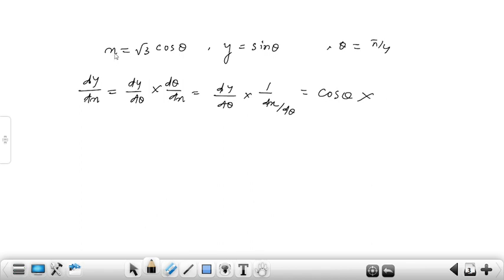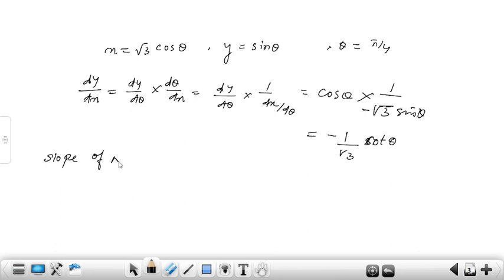So dx by d theta will be minus root 3 sin theta. So minus 1 by root 3 into cos theta divided by sin theta is equal to cot theta.